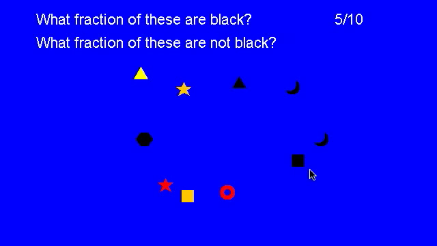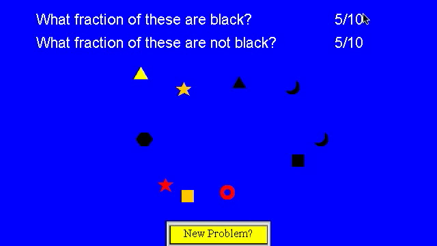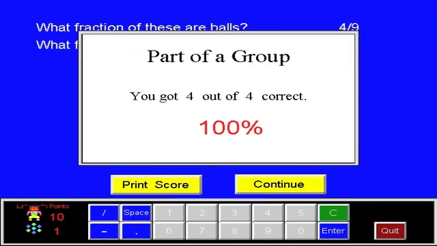And what fraction of these are not black? Well, the other 5, because the parts of a whole have to add up to 1. 5/10 plus 5/10 is 10/10 or 1.